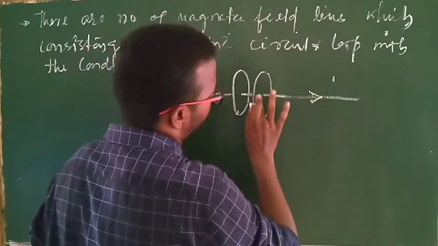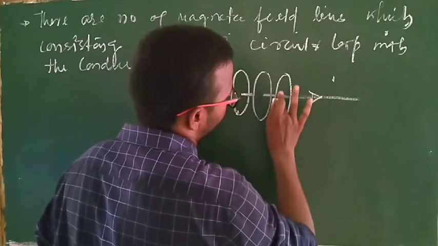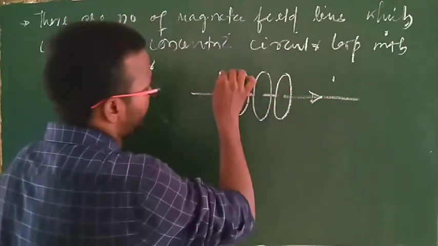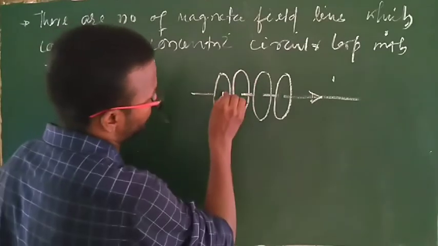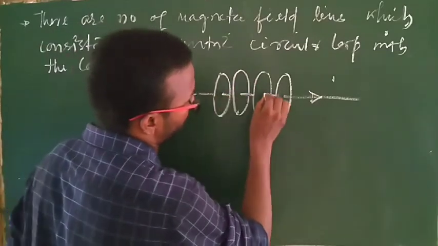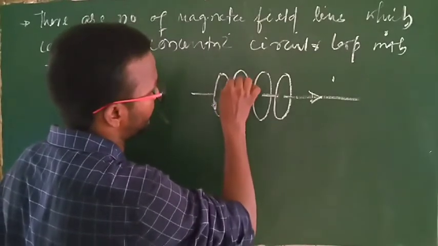This is the magnetic lines of force. It's the diagram of magnetic lines of force in this way. Clear? This is the direction of current and this is the direction of magnetic field line.